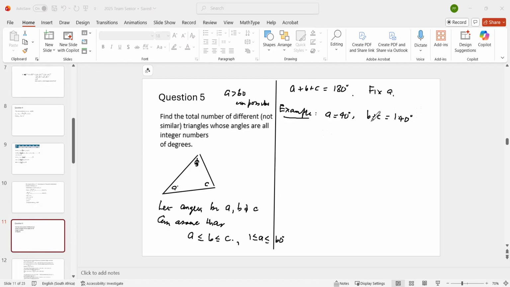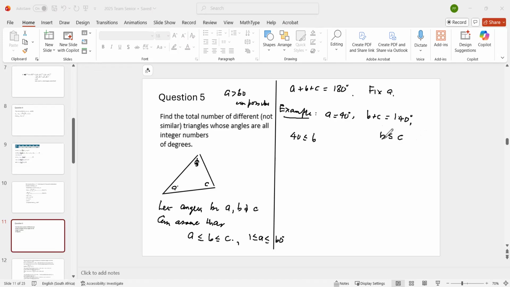Now, a is less than b, and a is 40, so b will be greater than 40. Now, what can it go up to? The sum of these two is 140, but we remember b is less than or equal to c.